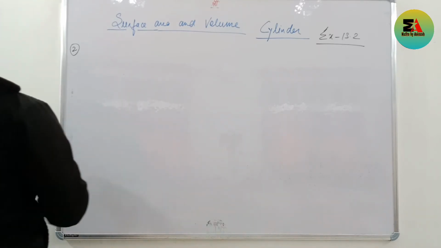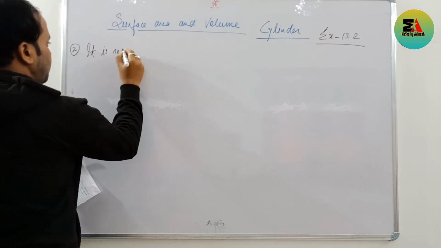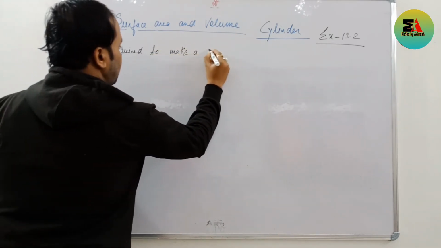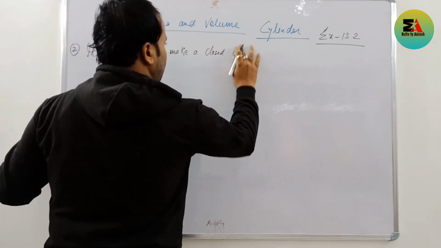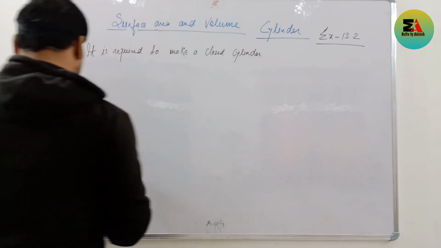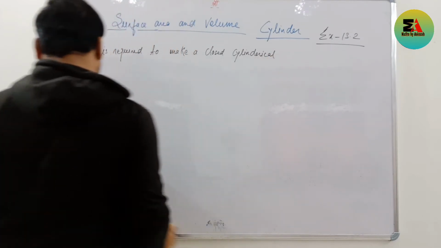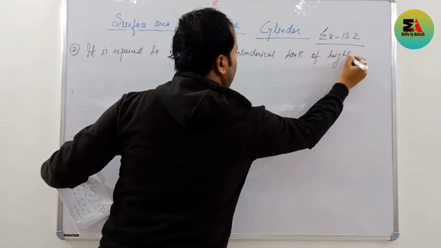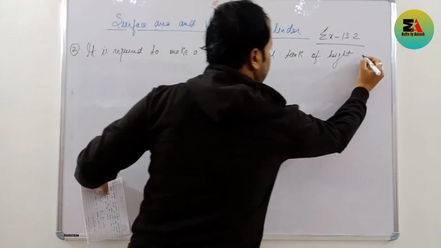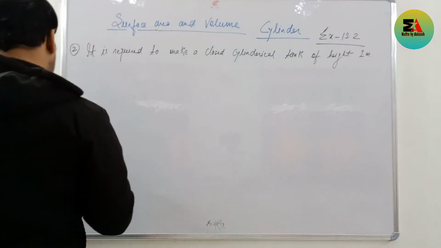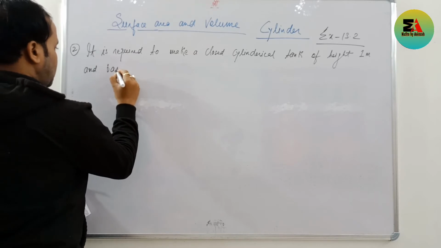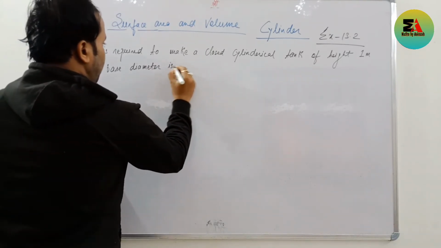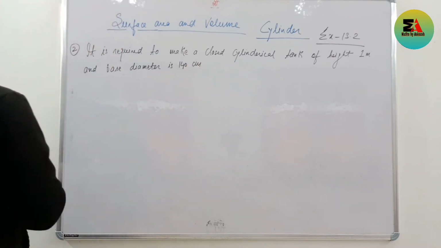The question says: it is required to make a closed cylindrical tank of height 1 meter and base diameter 140 centimeter from a metal sheet.